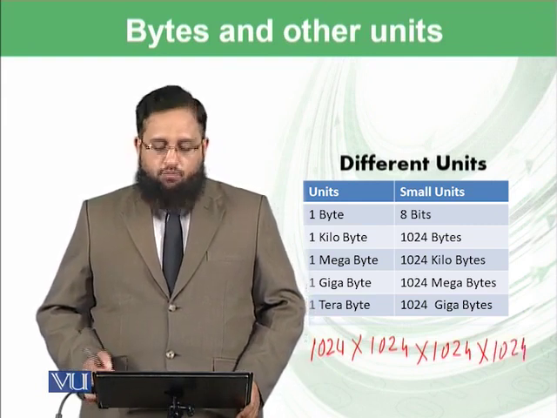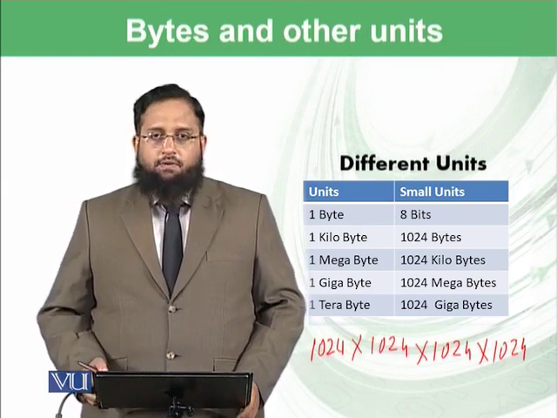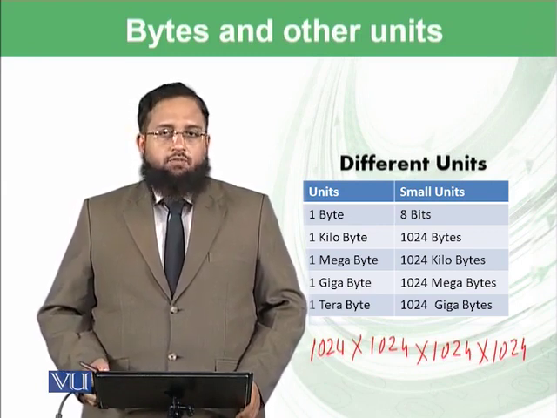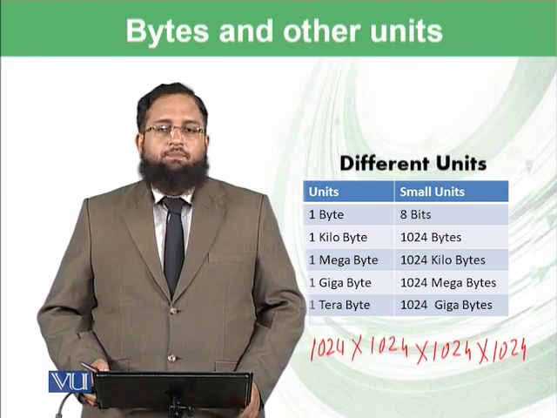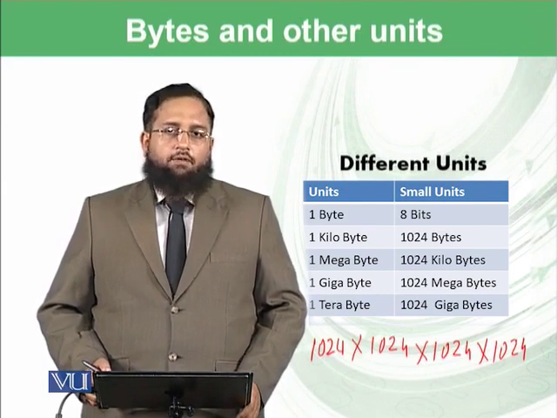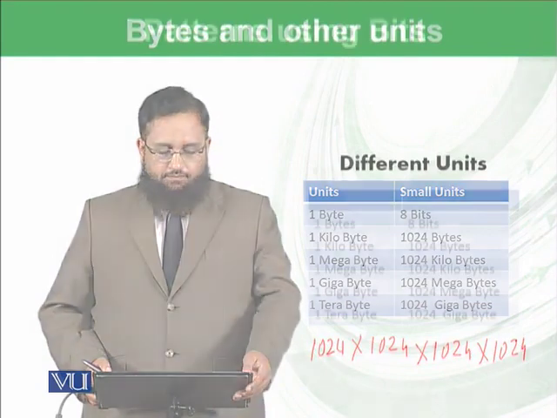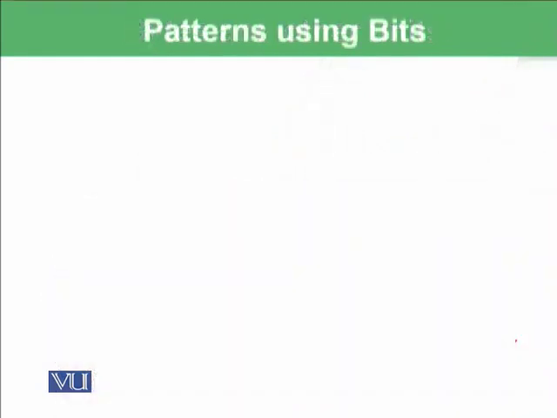So if you multiply all of these numbers, then you will get the number of bytes in your hard drive which can be saved.